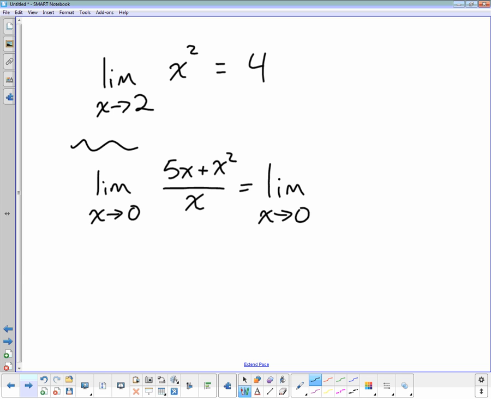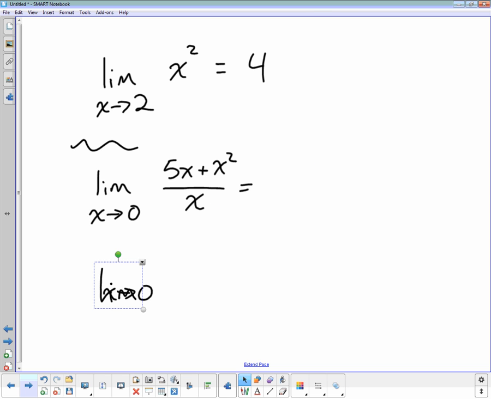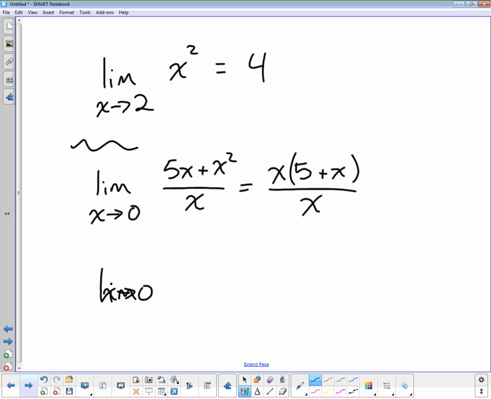If you dropped it and just wrote that, it's not really true, because this is a function, and when you take the limit, you get a number. So don't forget, if you're playing with your limit, to keep that notation out in front until you actually perform the limit.